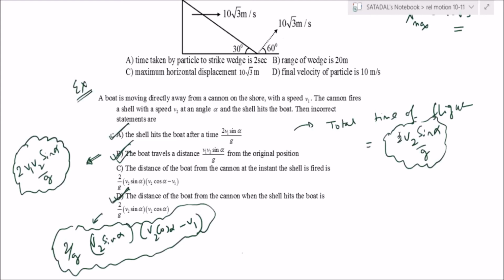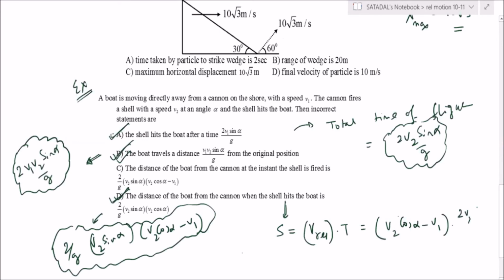Yes, Rahul? Once explain the D option. Which one? Option D. Option D, you see. Can I write S is equal to V relative into time of flight? What is V relative? That will be V2 cos alpha minus V1.